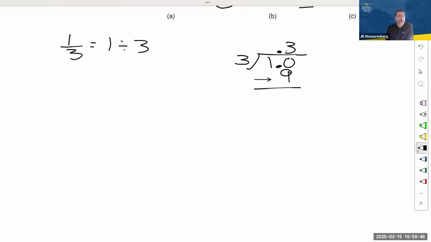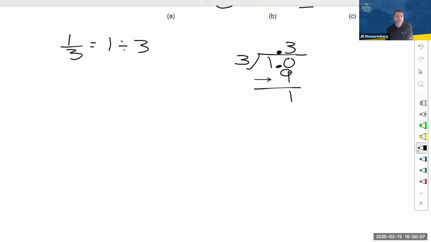And so again, 3 goes into 10 3 times, but we're using our decimal point right above where we started. And then we multiply 3 times 3 to get 9, which we'll subtract, and that leaves us with 1. Because we have a remainder, this remainder is 1/10 because of its positioning, okay?